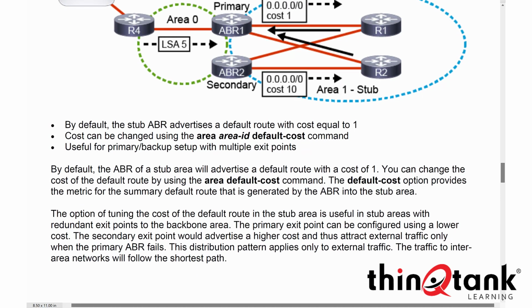And this is a very specific use case scenario, obviously, because we are talking about having multiple ABRs. But there may be other reasons why we would set the cost of a default route. It wouldn't necessarily affect longest match routing principles that we would apply with normal routing in our global routing information base.